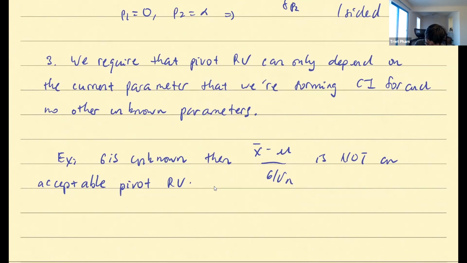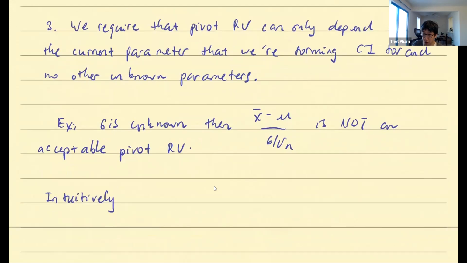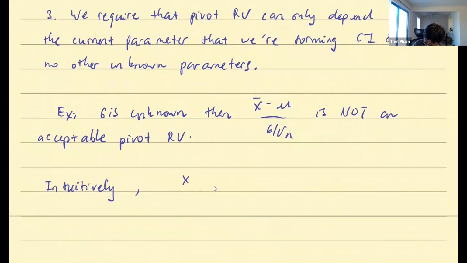Intuitively, the thing to do is to replace sigma with its estimator, and you see why the estimator is relevant now. Like in your midterm exam, anytime you encounter a parameter that is unknown and you need to use it somehow, the most sensible thing to do is just to plug in the estimator.